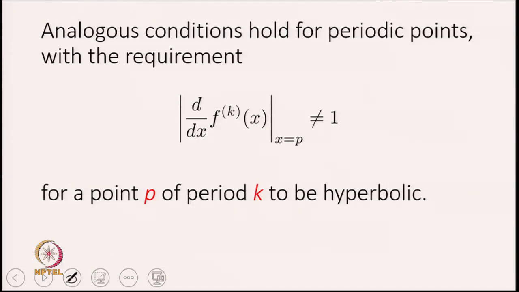All right. Now, analogous conditions also hold for periodic points, with the requirement that the derivative of f to the k of x at this periodic point should not be equal to 1 for a point P of period k to be called hyperbolic.